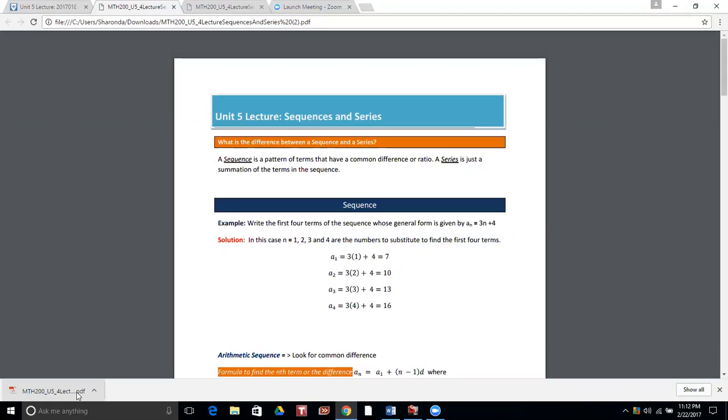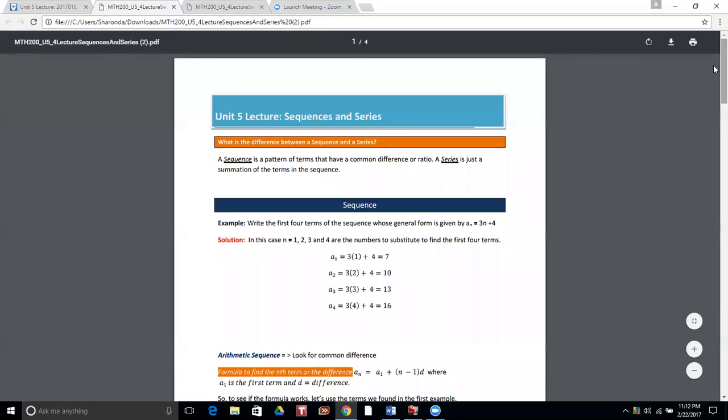What's the difference? How do you distinguish between an arithmetic sequence and a geometric sequence? And you can incorporate that into the discussion board also. So this should get you started or continue on your way for week 5.